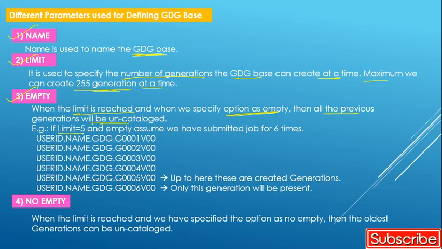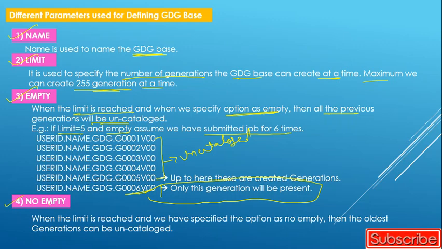Like if LIMIT equals 5 and EMPTY, assume we have submitted the job 6 times. Then all these data sets will be uncataloged, and only this generation will be left on submission of the job the sixth time. So only this generation will be present.